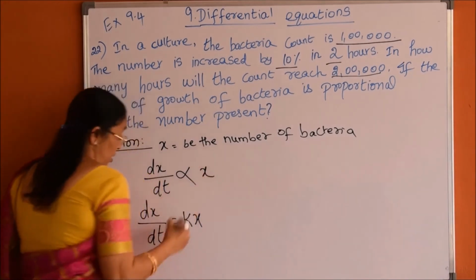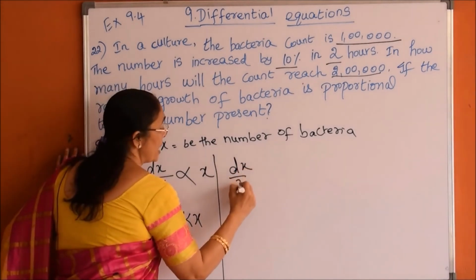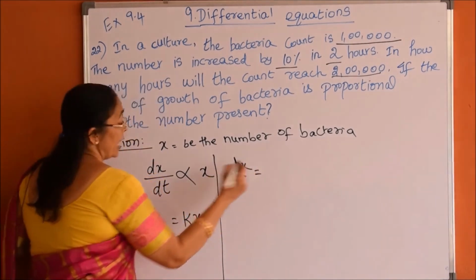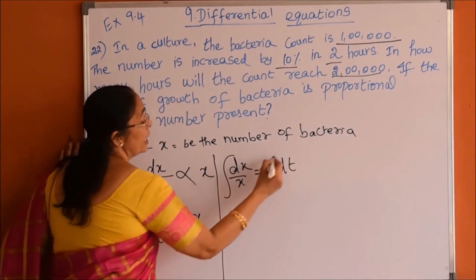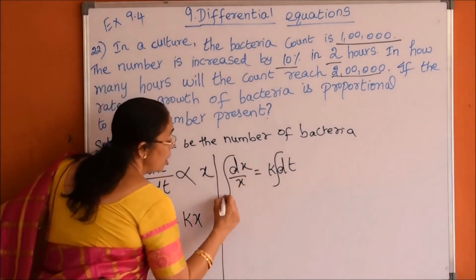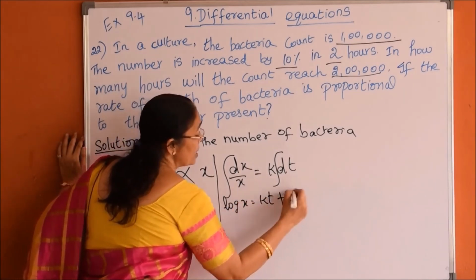Now, separating the variables, we will get dx by x is equal to k dt. Now, let us integrate both the sides. Integrating both the sides, we will get log x is equal to kt plus c.